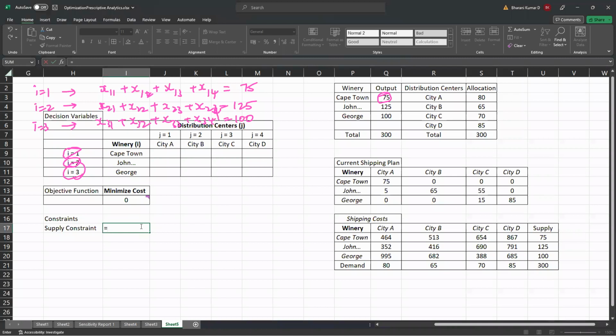So let's write down. So it's nothing but summations of all these things. So that when you take a summation of all these things, it should be equivalent to 75.